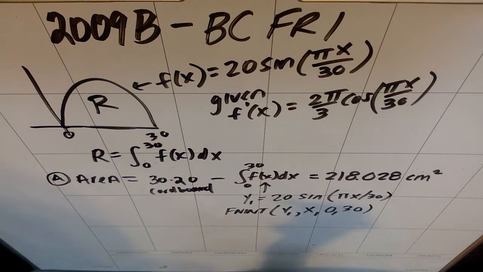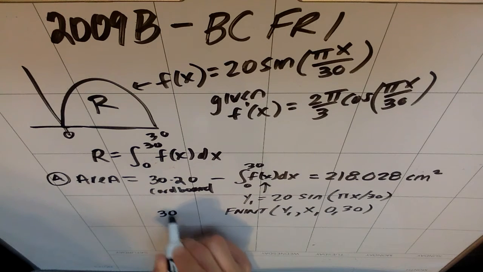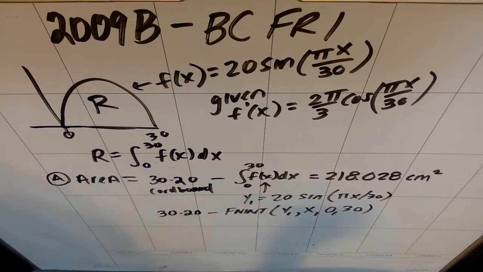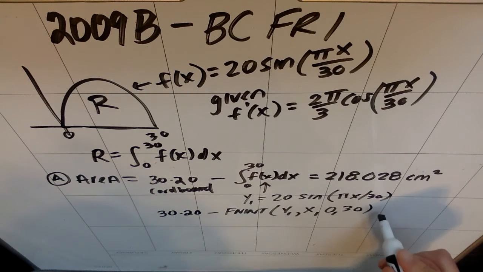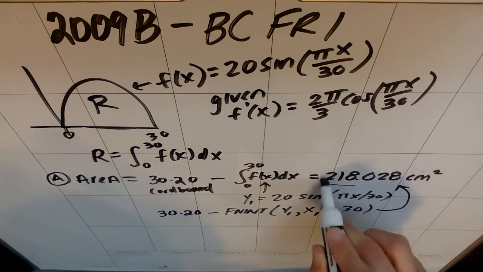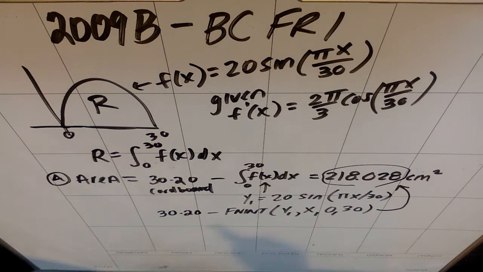Honestly, if I were typing this in my calculator, I'd type it all in one fell swoop, and I would probably be too lazy to even do 30 times 20. I mean, you certainly can, and you can go ahead and get that 600, but it's fine to type this whole thing in your calculator, hit enter, and you'll get this answer right here. Again, calculator notation gets you no credit on an AP, but it's worth knowing how to put things in your calculator. All right, let's talk about part B.